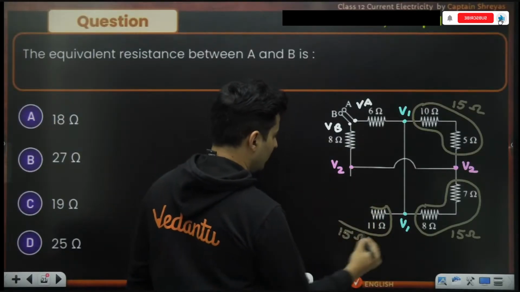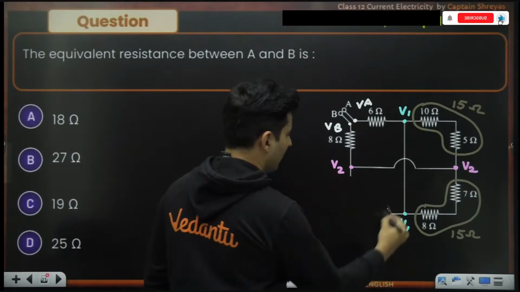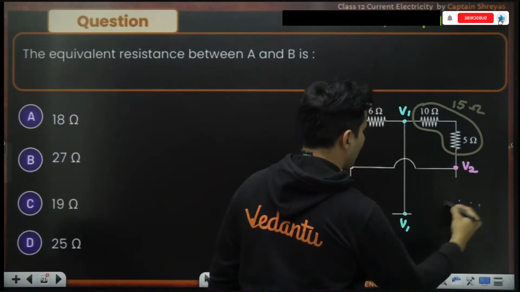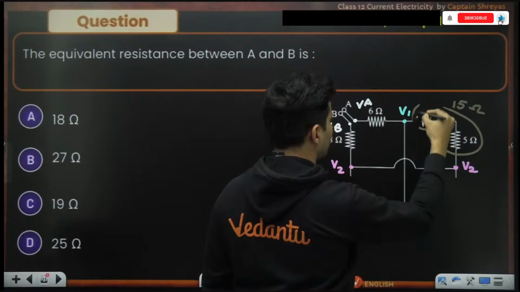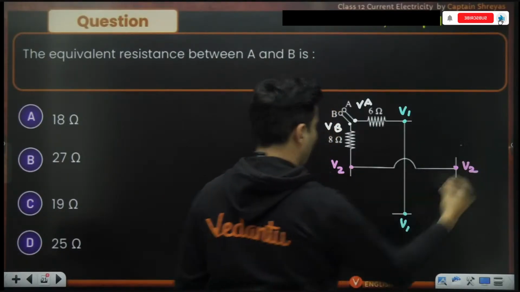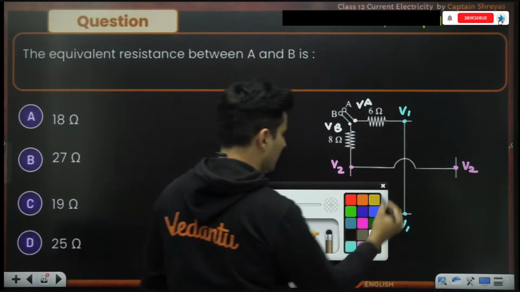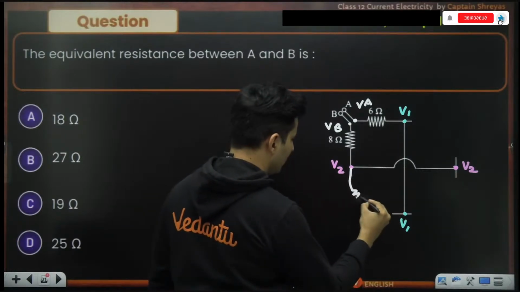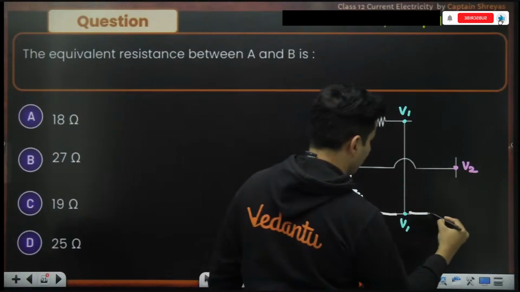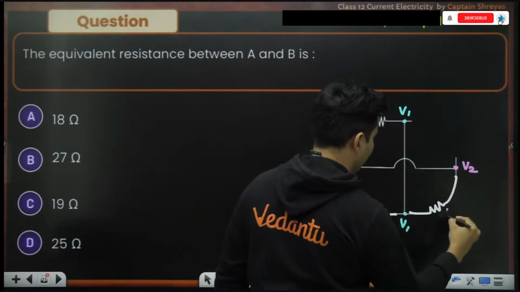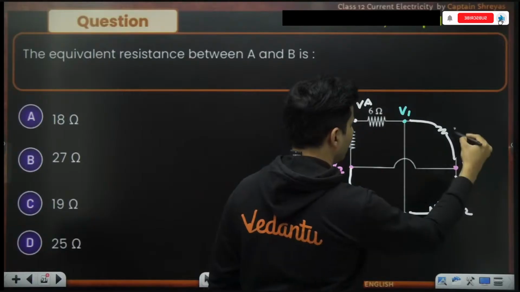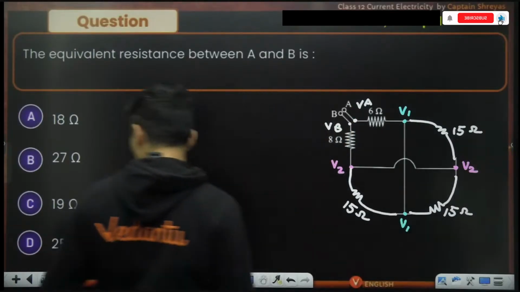So I can get rid of this. All this was 15, and even this was also 15. So I can just say there is 15 ohms here, 15 ohms here, and 15 ohms over here.